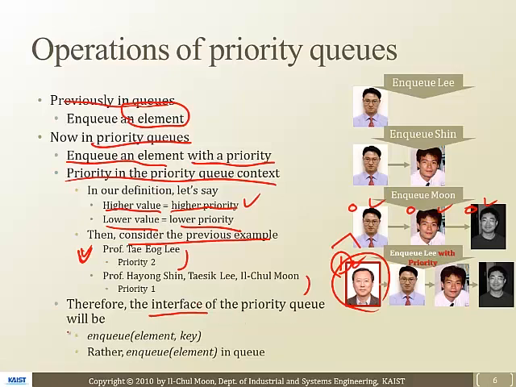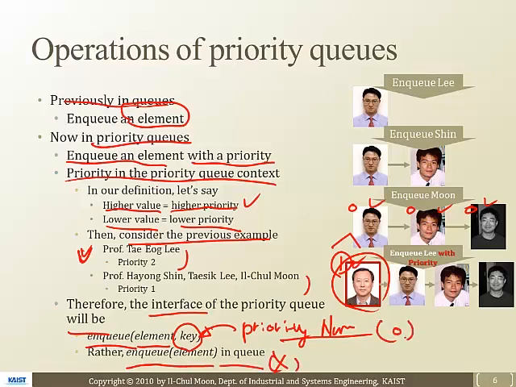The priority queue will enqueue an element, not only with the element, but also with the priority number, rather than enqueue with only the element as in a queue. This is not going to happen, and this is going to happen in a priority queue, right?